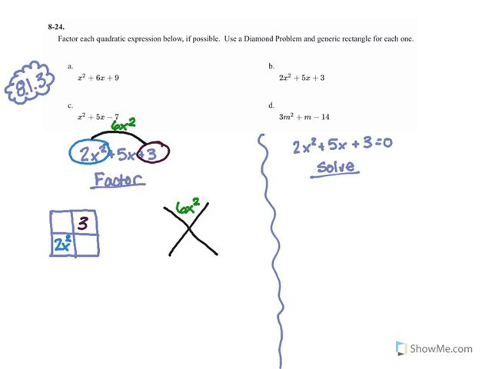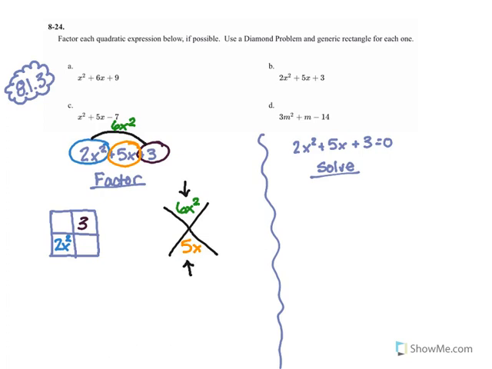To get the bottom of this diamond, that's just my middle term, so my 5x. Now these are your diamond problems, and remember that you had to figure out what you needed to put in those right and left hand boxes to be able to multiply it to the top. So you have to multiply to 6x squared, and you have to be able to add to 5x.